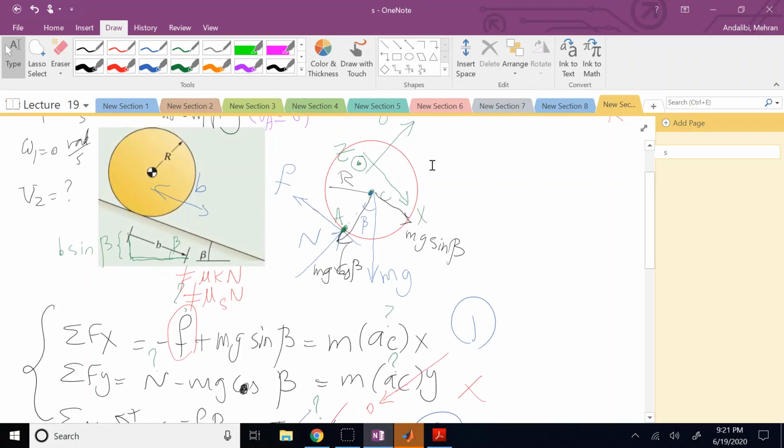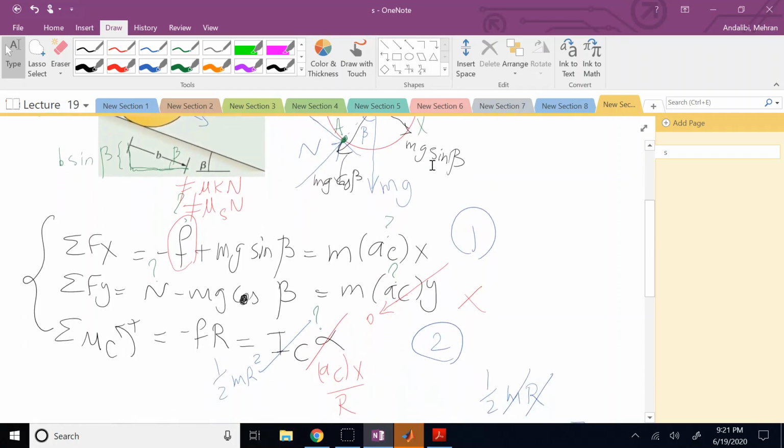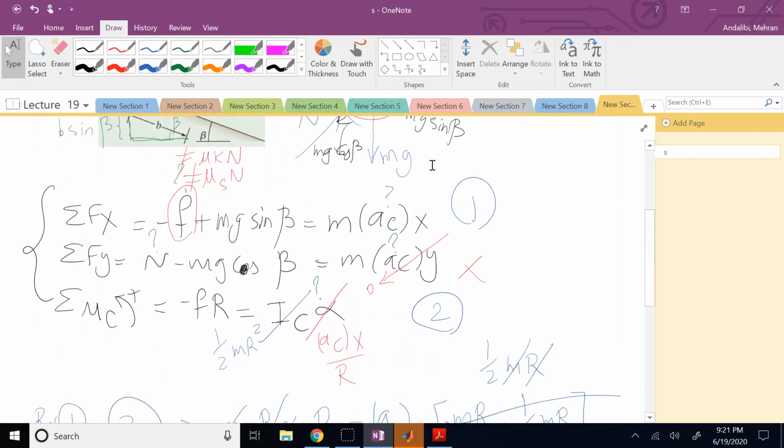So that equation is correct. This one is correct. 1/2 mr squared. All look correct to me.